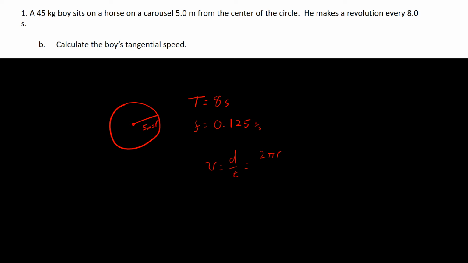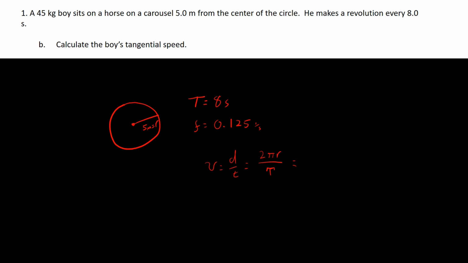I already showed you this, and the time would be the time it takes to go around 1 time. So that'd be tangential speed. That's his velocity essentially. Well, tangential speed is a better way to put it. That's what v_c is. It's your tangential velocity, and it basically just means how fast would you be going if you were going in a straight line, like we did with that car.